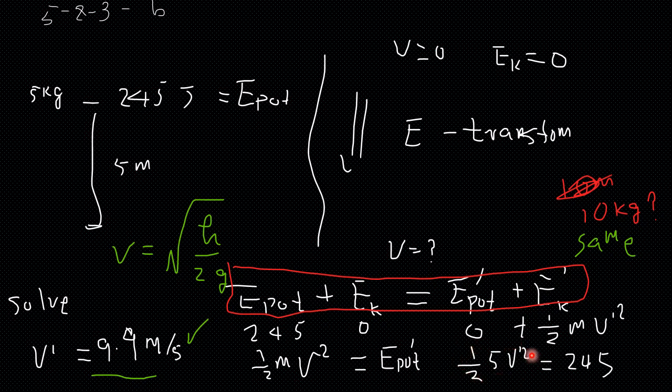You solve for v squared, move the terms to the other side, and you end up with v is 9.5 meters per second. To summarize, we want to know the velocity when it drops to the bottom. We use energy conservation, the equation before and after are equal, and we get this answer.